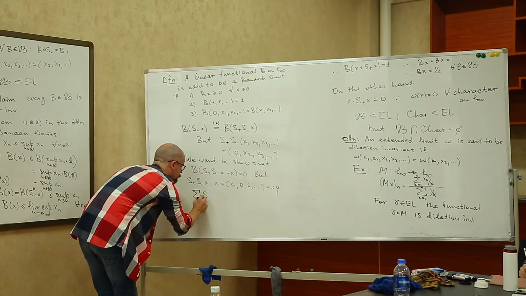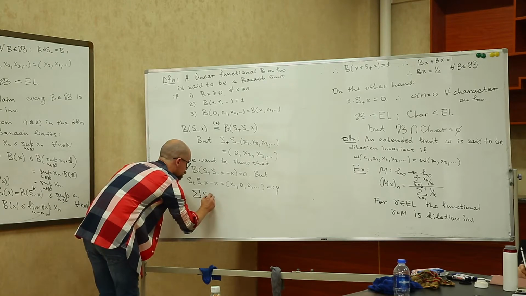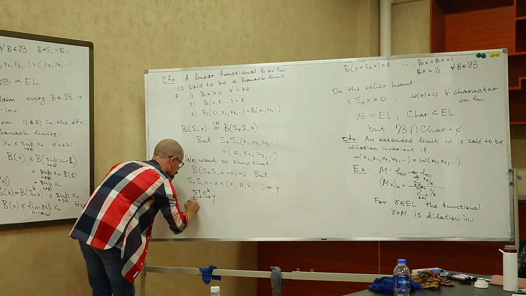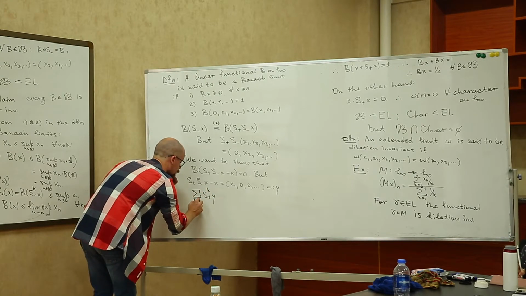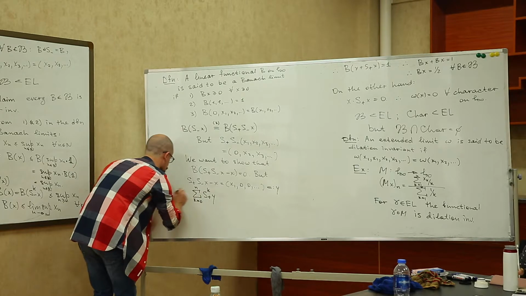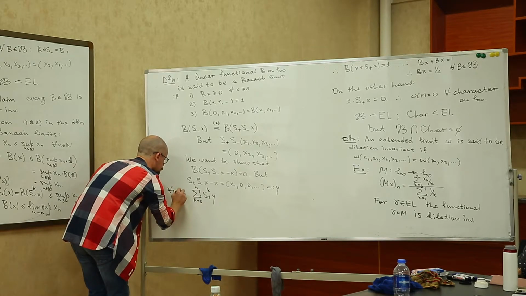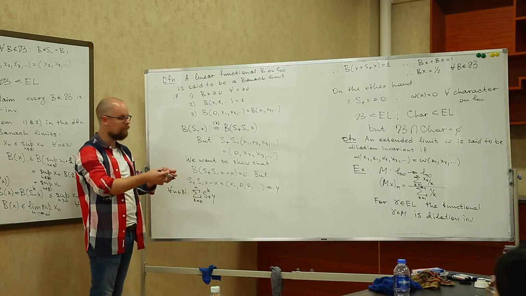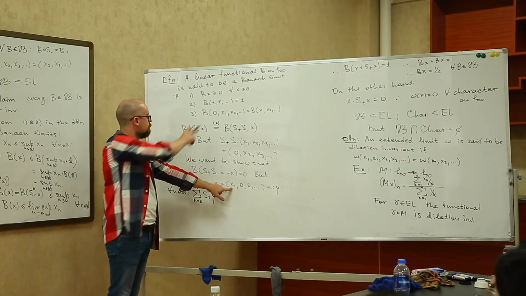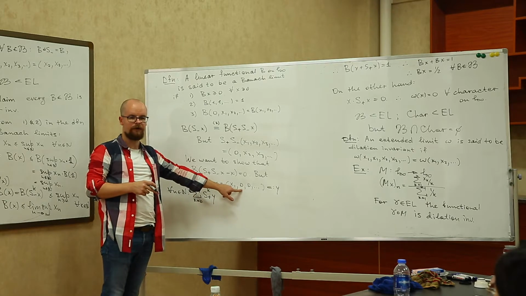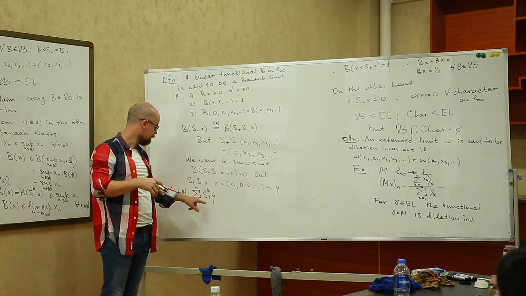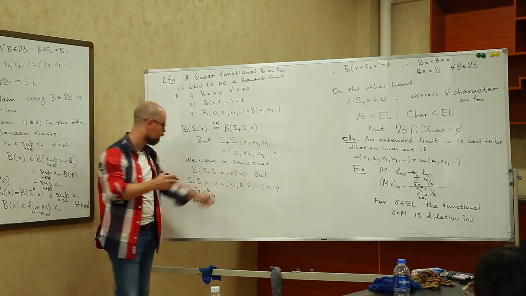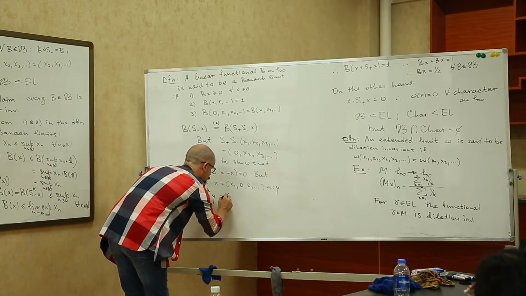For every n, we consider the sum of S plus to the power of k of y, where k goes from 0 to n. So this is y, plus S plus of y, where x1 is in the second coordinate, plus S plus squared, where x1 is in the third coordinate.